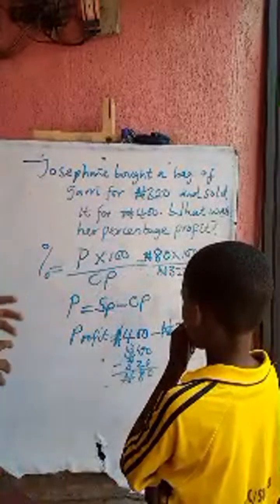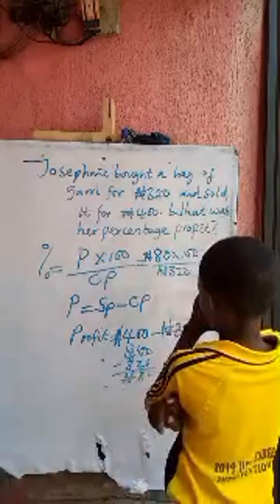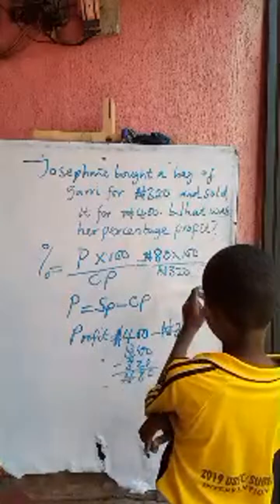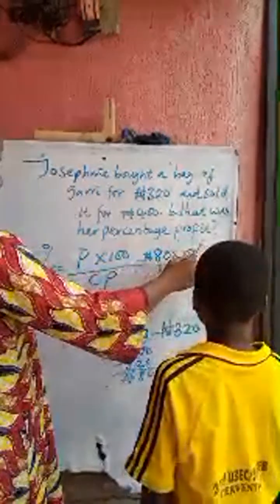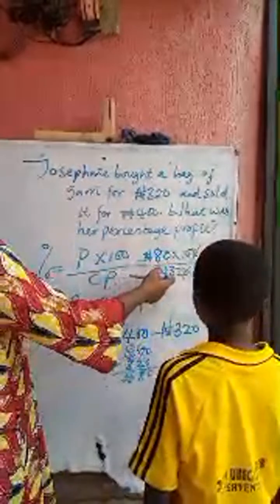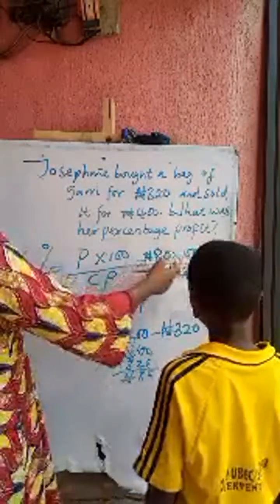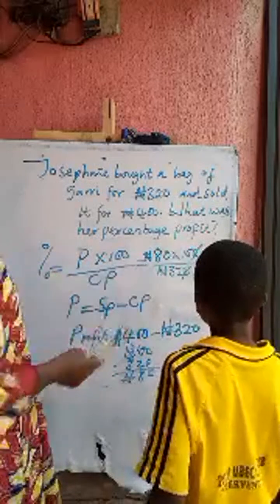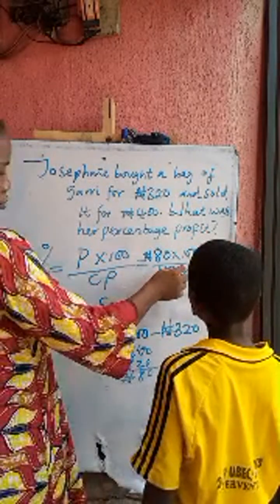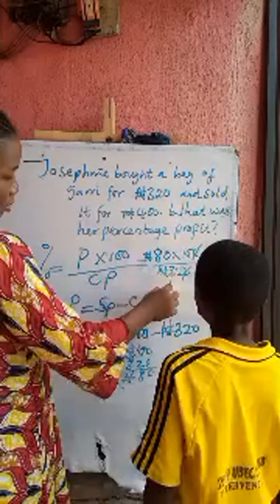Let's divide first before we multiply. 0 cancels 0. Now this is 32, this is 10, and this is 80. 2 can go here, 2 can go here. If 2 goes into 32, it will give us what?